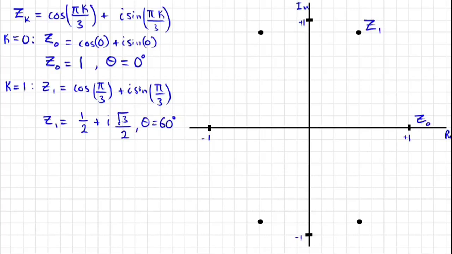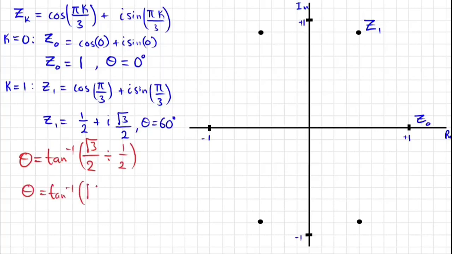Now, some of you might not understand where the 60 degrees is coming from. In simple terms, this 60 degrees is simply the argument of what we have. Let me quickly show you. To find the 60 degrees, just find the argument. Remember, the argument is found by theta equals the tan inverse of the imaginary part, which is root 3 over 2, divided by the real part, which is half. So theta is equal to the tan inverse of root 3 over 2 multiplied by 2 over 1.